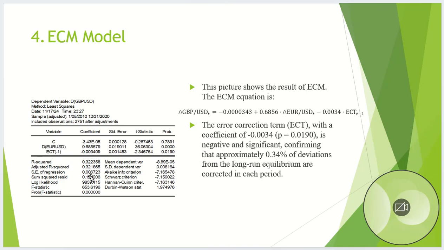The picture shows the results of the ECM. The ECM equation is shown below. The error correction term ECT, with a coefficient of -0.00534, is negative and significant, confirming that approximately 0.34% of the deviations from the long-run equilibrium are corrected in each period.